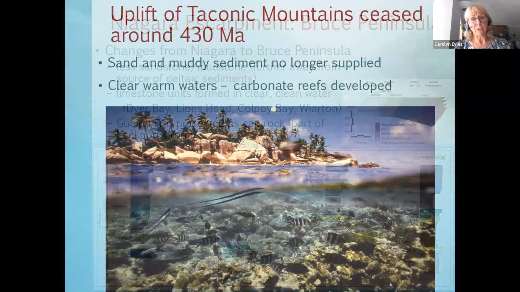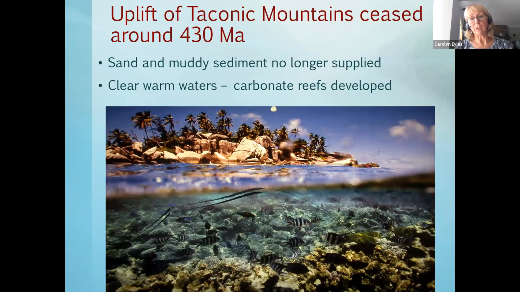What happened was around about 430 million years ago, the Taconic Mountains stopped uplifting. Basically collision had stopped, the mountains ceased uplifting, and so we got much less erosion of the mountains, and sediment supply was greatly reduced. So we no longer had any sand or mud coming into the area.